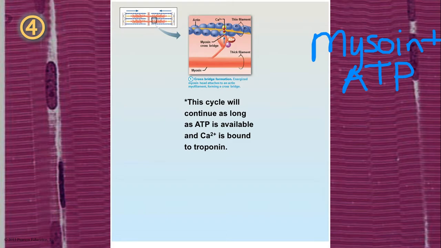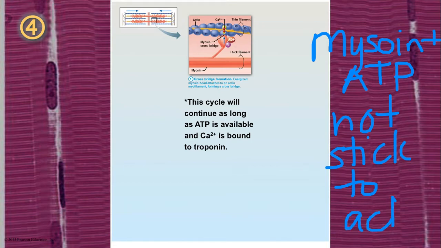Okay, so when myosin is bound to ATP, he will not stick to actin. Okay, so just write yourself a little note of that, put it in your brain, and if myosin is ever bound to ATP, he will release his grasp from actin. And he doesn't want to bind both of them at the same time. Okay. Y'all ready? Here we go.